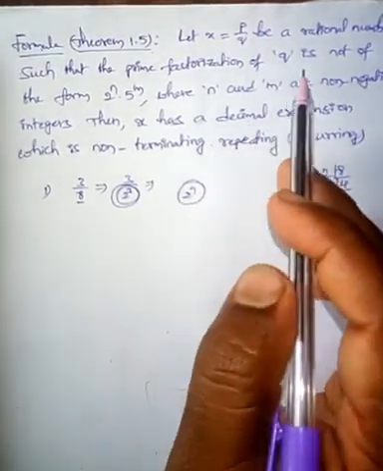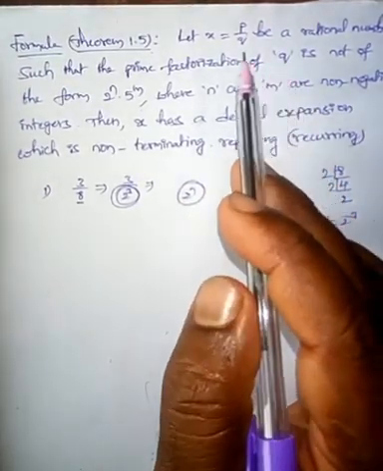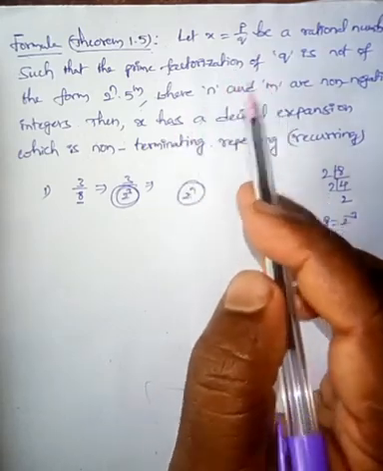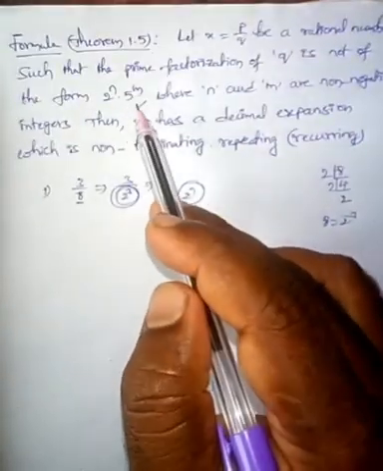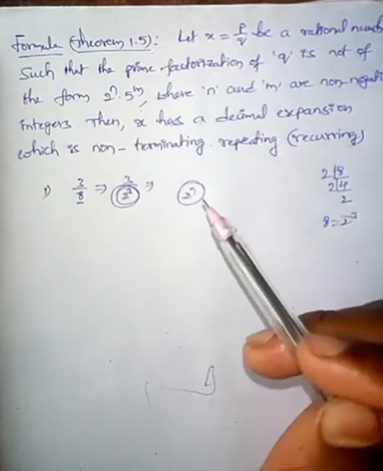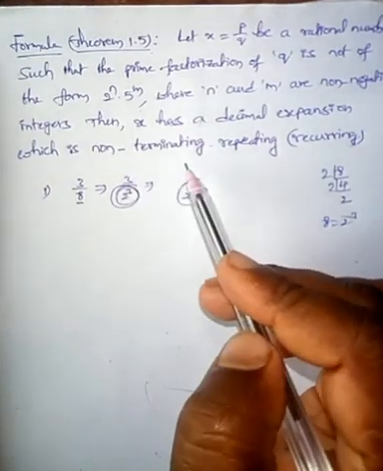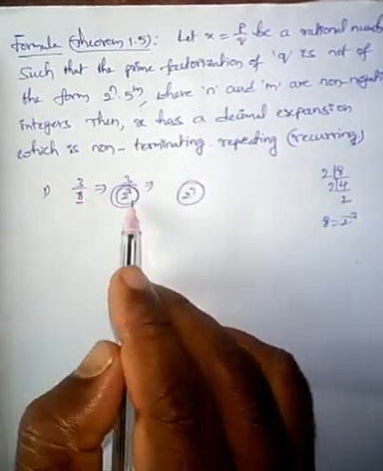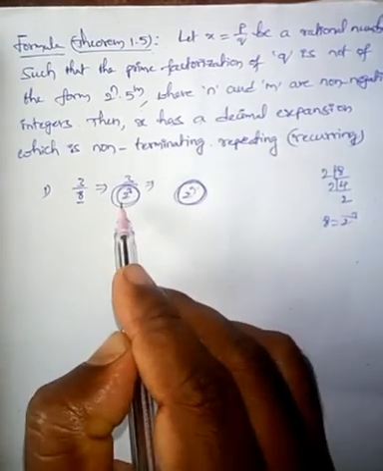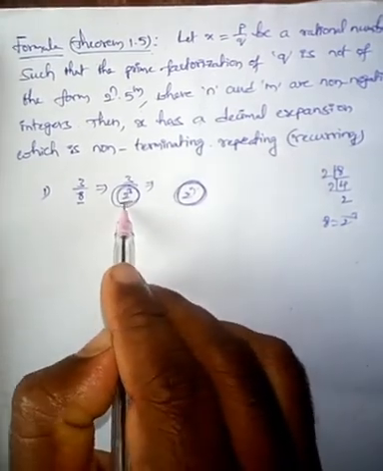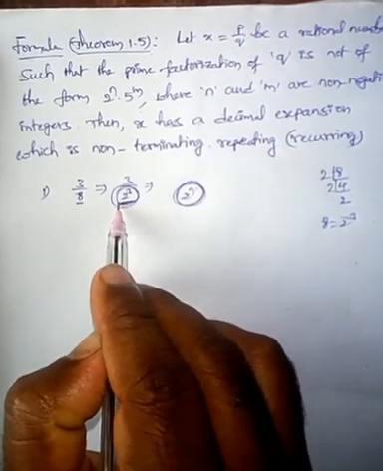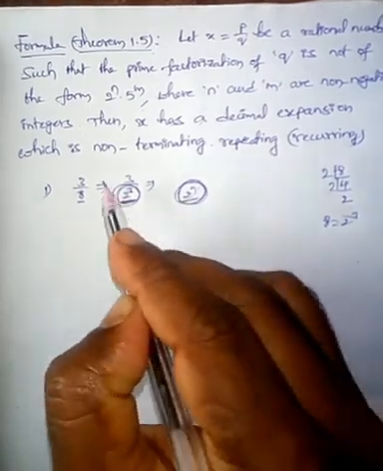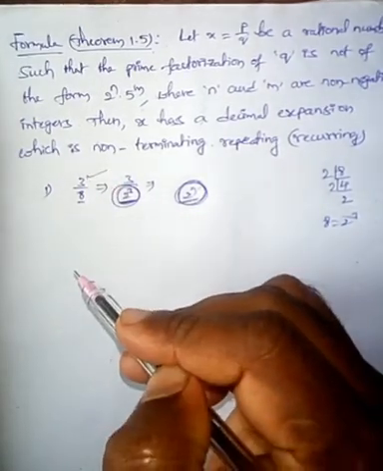So if the denominator of any fraction is in the form of 2 power n into 5 power m, or 2 power n, or 5 power m, then it will be terminating. So here the prime factorization of the denominator is in the form of 2 power n. That's why it will be a terminating decimal.